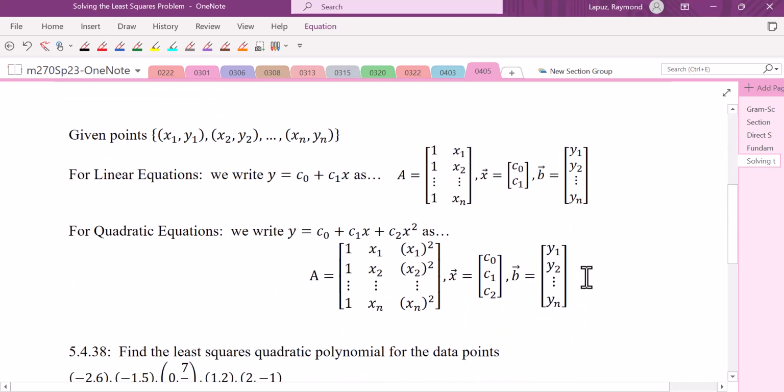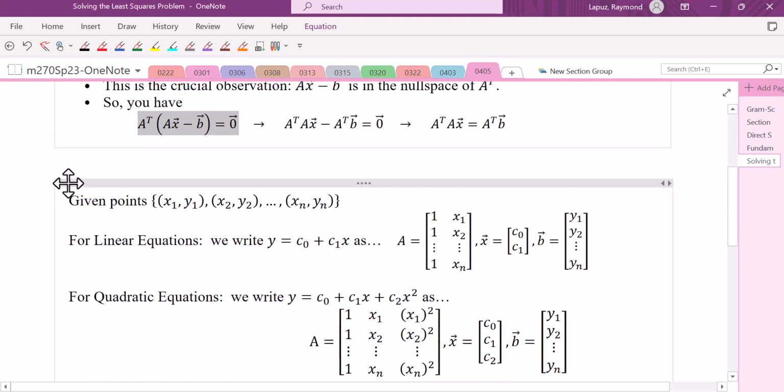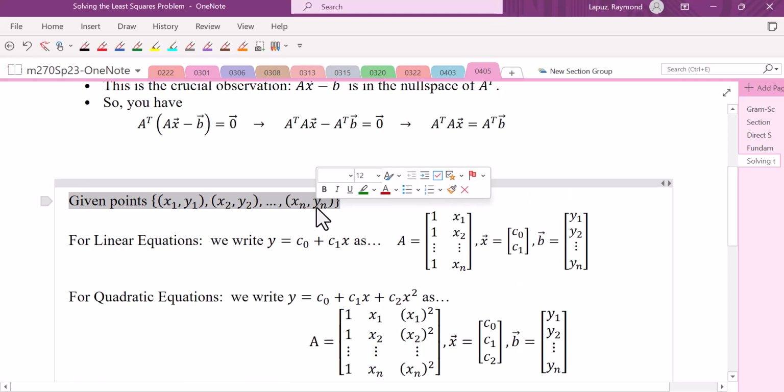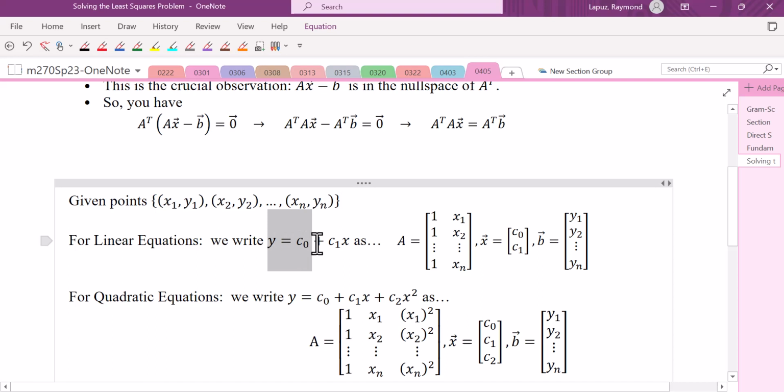So we're going to set up our equation this way using the least squares method. What we're given are a bunch of points, like in statistics, where we have data points that we plot on an xy plane. If we're dealing with linear equations, our linear equation would be y equals c sub 0 plus c sub 1 times x.